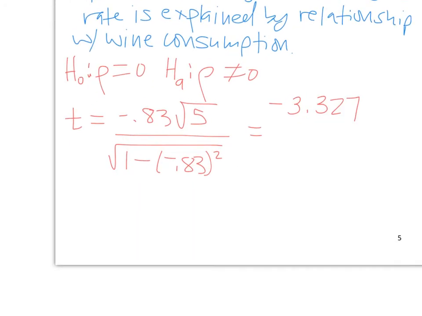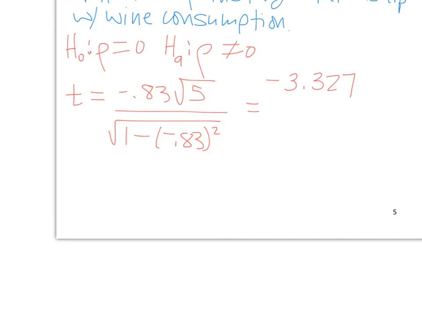Okay, looking the p-value up, we get a p-value of 0.0208. Okay, so that is less than the significance level of 0.05 and 0.10.